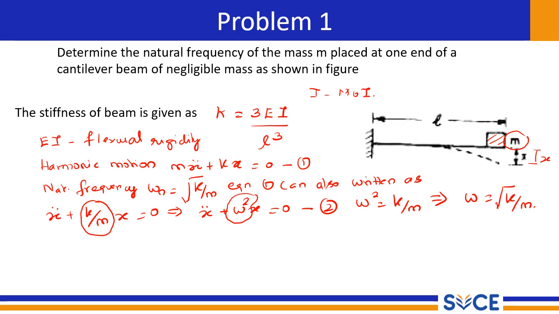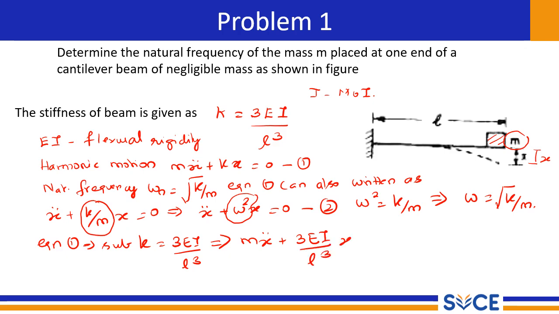Now take equation 1 and substitute k equal to 3EI by L cube. It will become m x double dot plus 3EI by L cube x equal to 0.